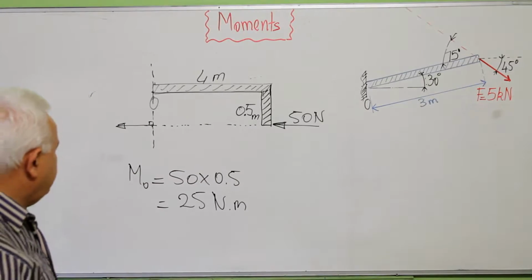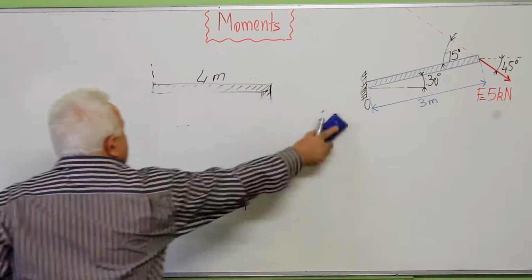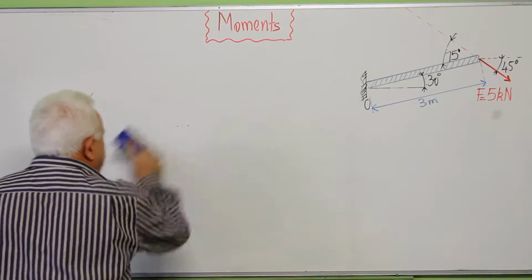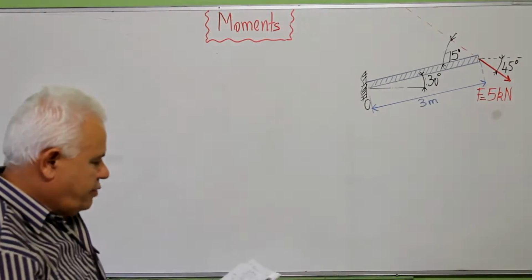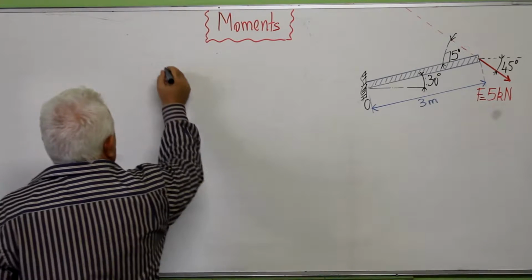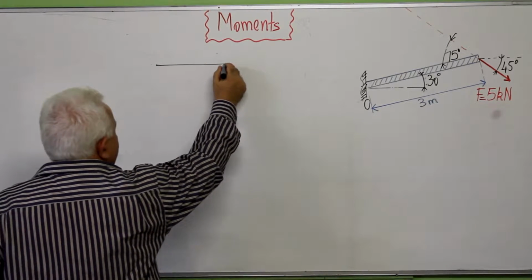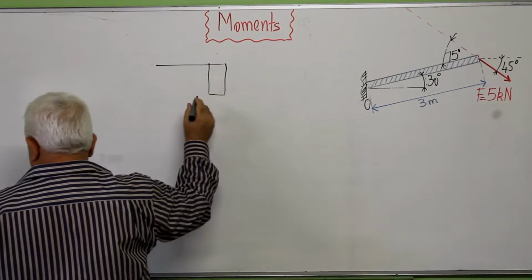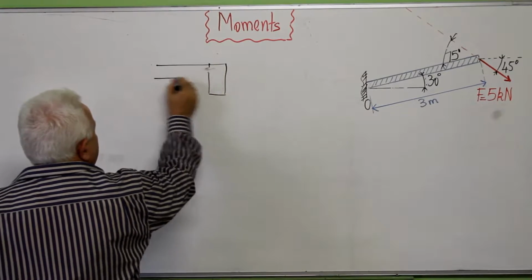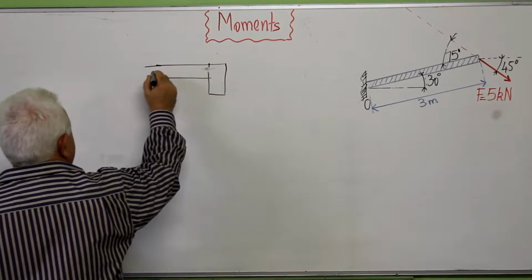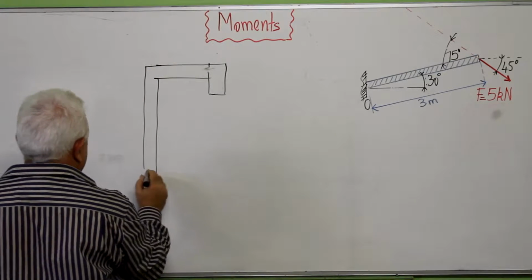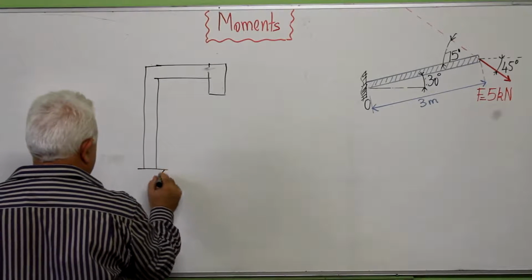Now, another case when we have to apply the rules of moment. Suppose my system is like this. Sorry about the graph, because I don't use any ruler.